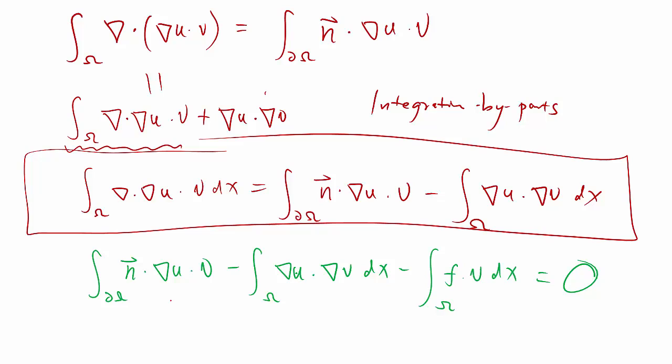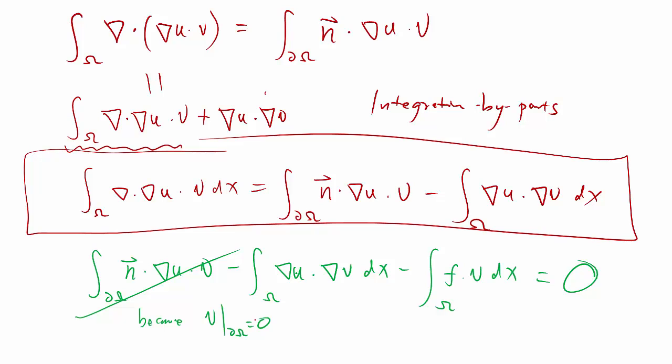So the first term becomes what? The first term is gone, right? The first term is gone because V at the boundary is equal to 0.